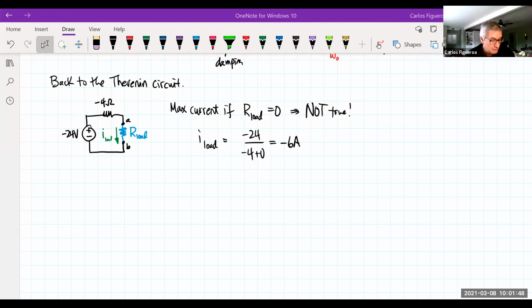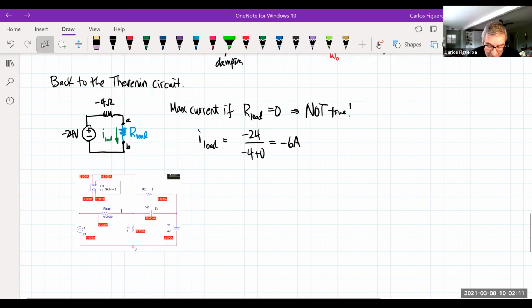I should be able to do that. Now let me see if it allows me to run it. Oh, baby, I don't believe PSpice. Oh, it's a positive current, not a negative current. Oh, damn it.